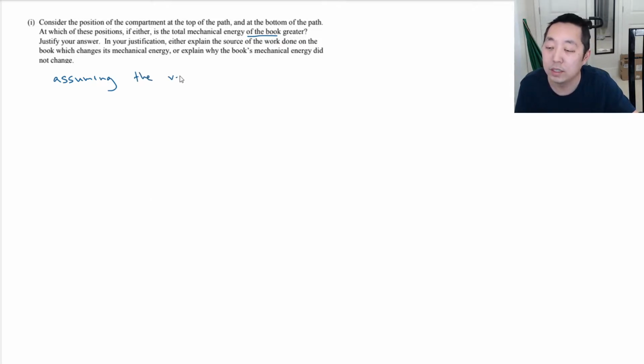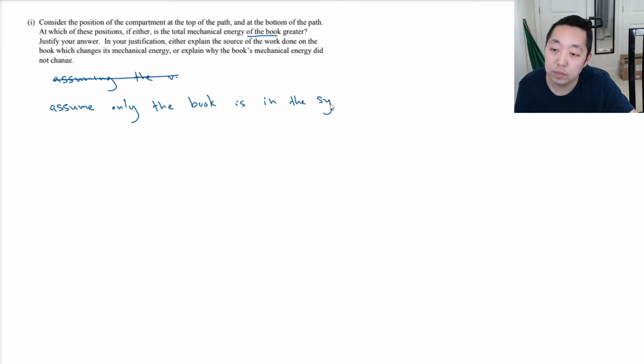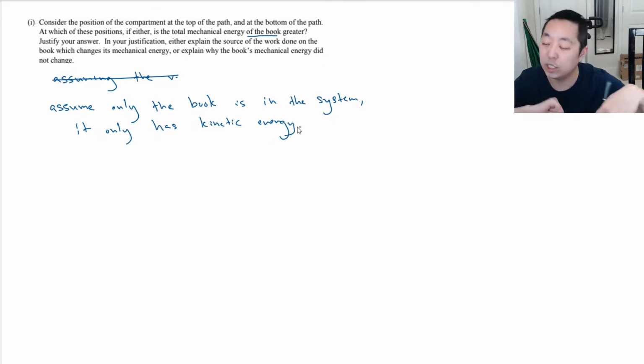If you assume only the book is in the system, it only has kinetic energy, because you need a book and the Earth to include gravitational potential energy in the system.